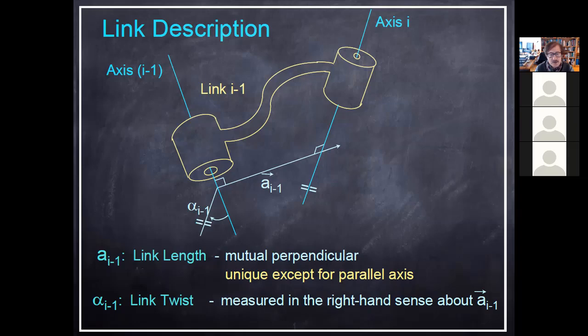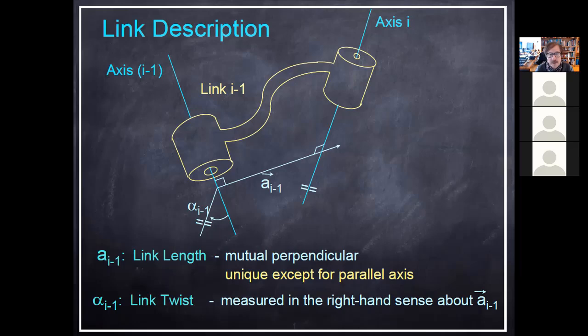There are two parameters which are important. The first one is the link length. How long is my link? The second one is the link twist. How much is the link twisting? How do we measure these?